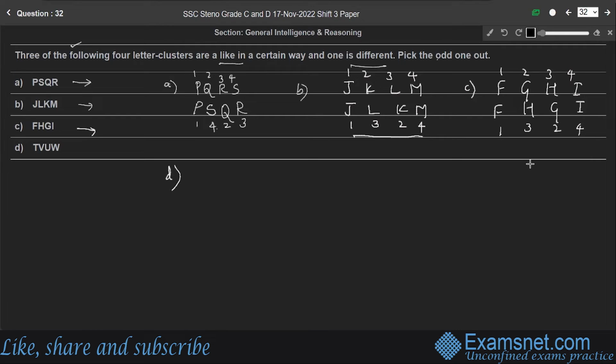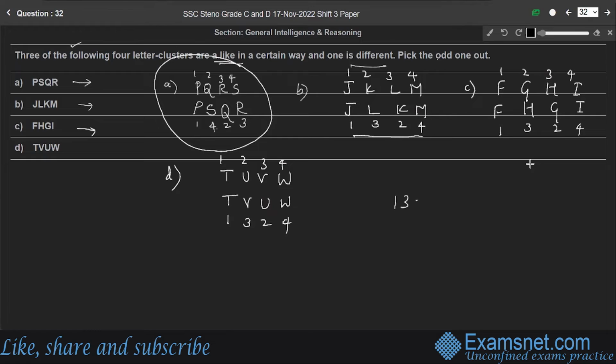In option D, we have TUVW. These four letters, when written in order, are TUVW. In the given option, these letters are written in the order TVUW, which is nothing but 1, 3, 2, 4. So except in option A, the remaining options are written in the order of 1, 3, 2, 4.